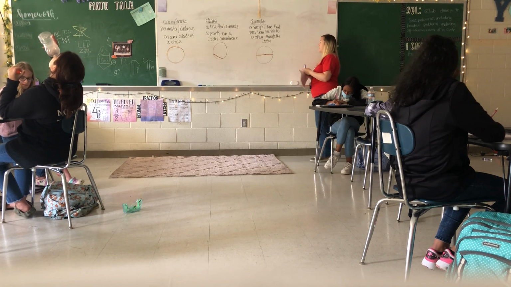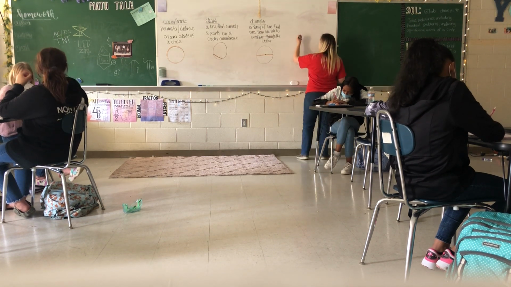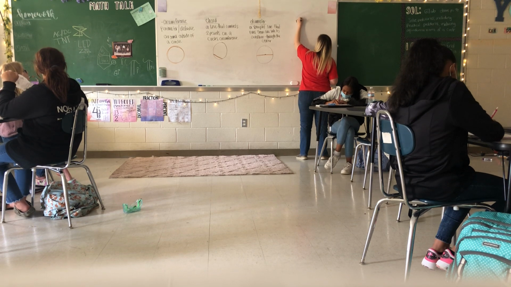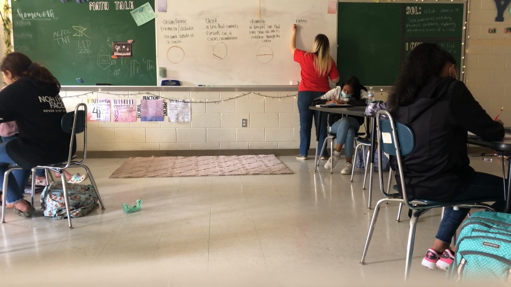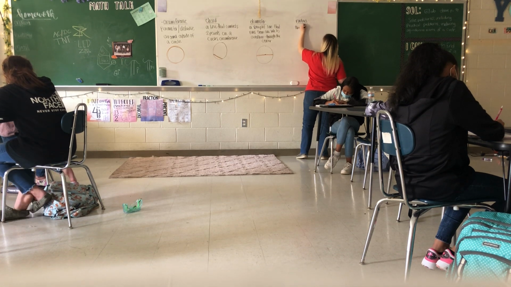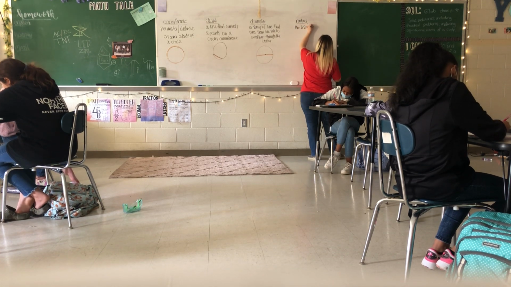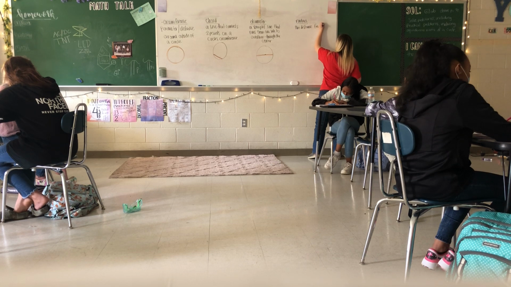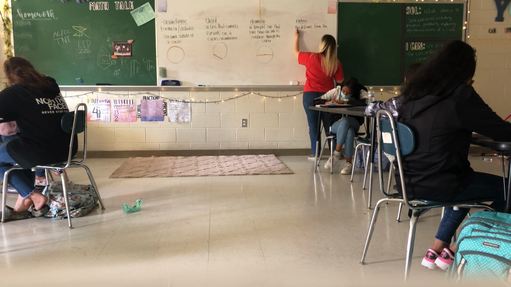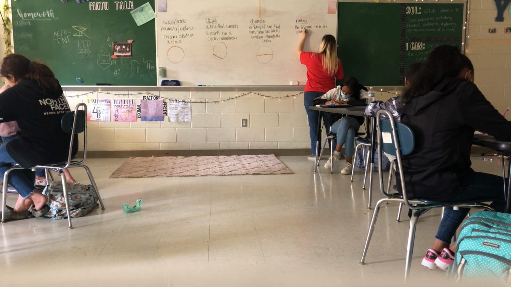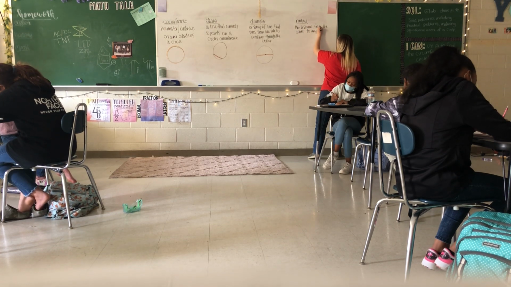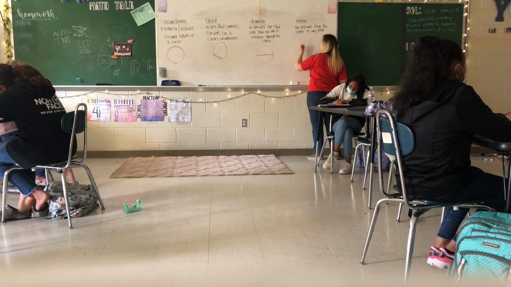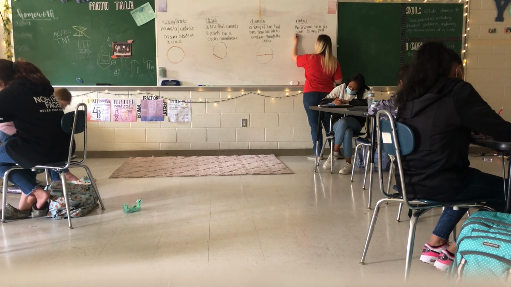And then the last definition is radius. And that is the distance from the center to any point. And I'm going to put a little parentheses, it's half of the diameter.